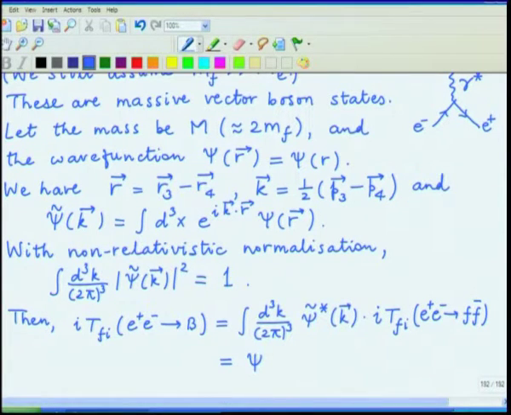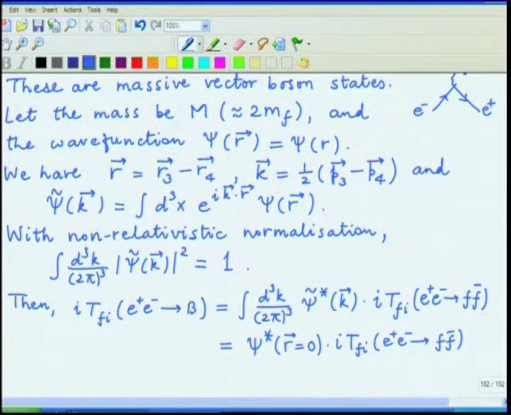So, this gives nothing but psi star at origin in the position space multiplied by this object, which is independent of k.